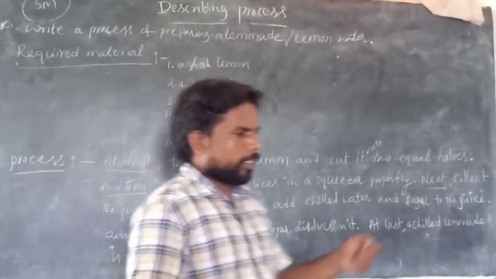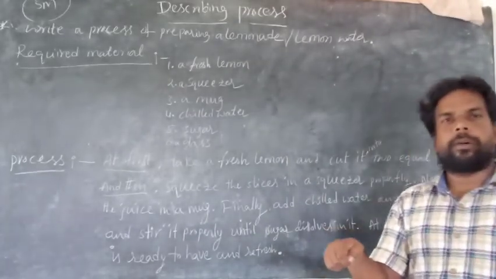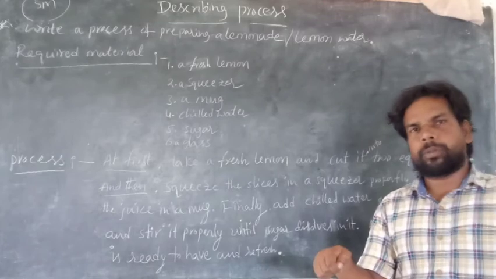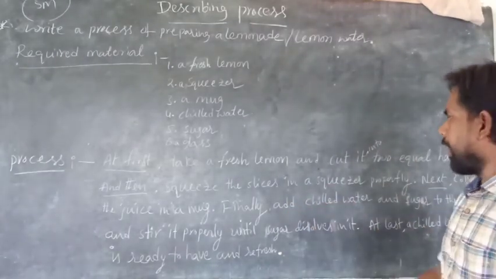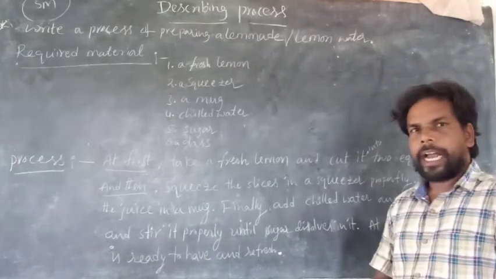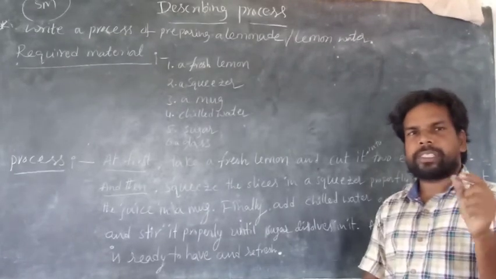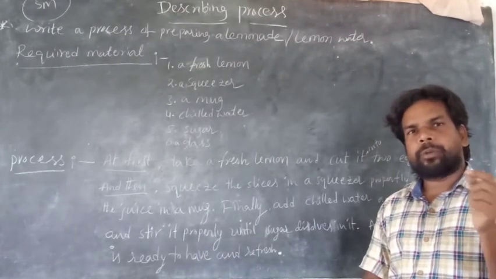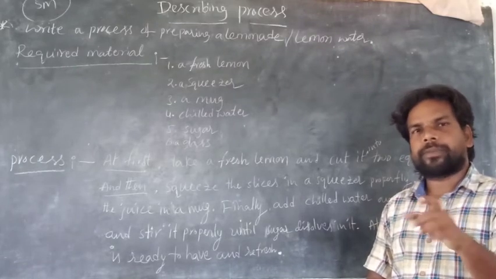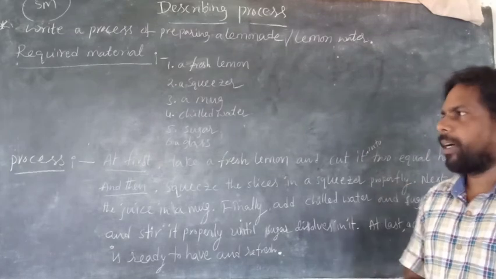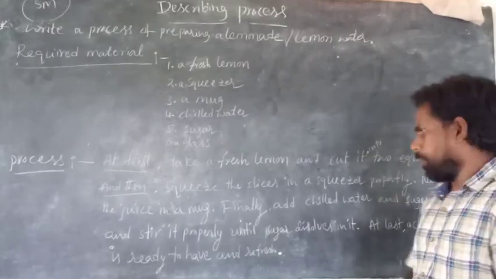Stir means we exchange the juice from the mug to the glass. We have to stir it until the sugar dissolves in it. Dissolves means the sugar changes its form, until it dissolves in the juice.